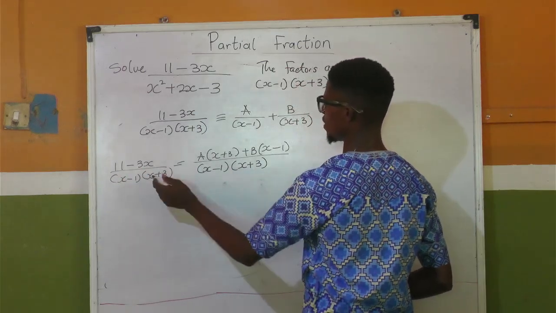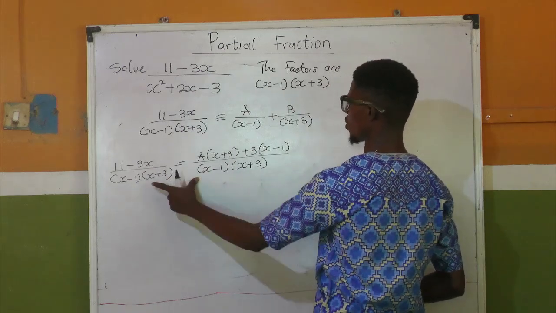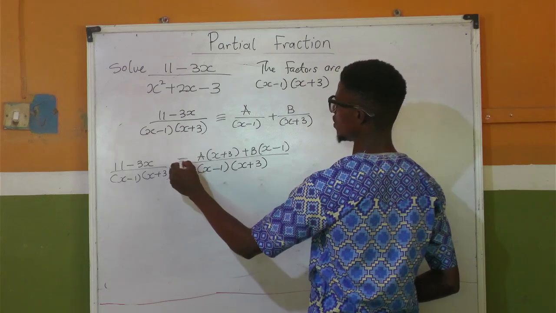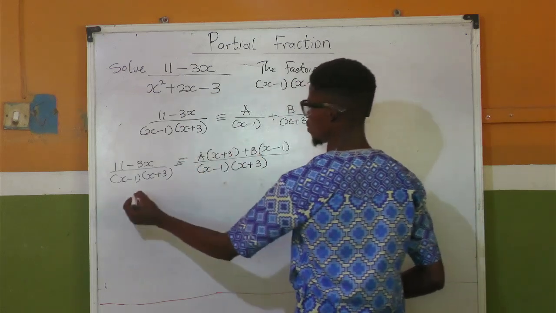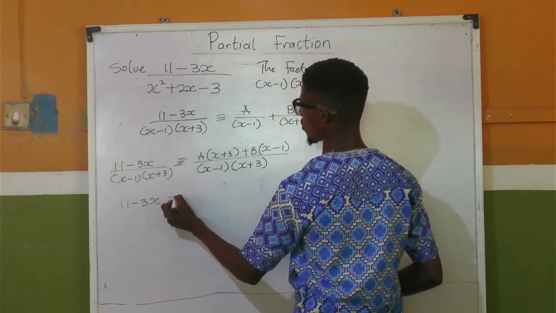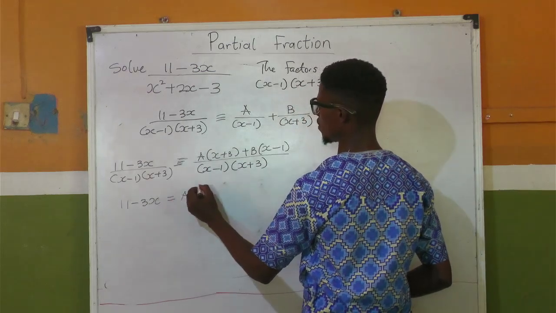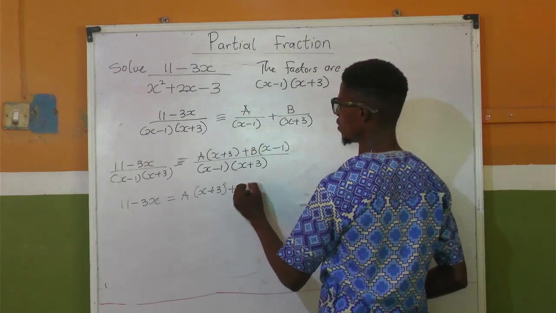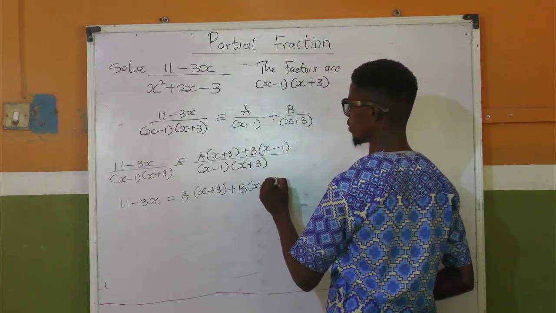Since we have the same denominator, our focus is not going to be on the denominator. Now we're going to equate the numerators of both sides. So we're going to have 11 minus 3x equals A into (x plus 3) plus B into (x minus 1).